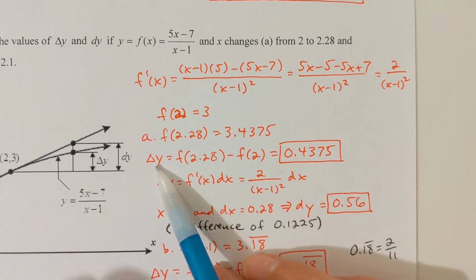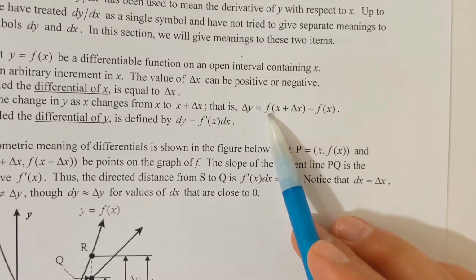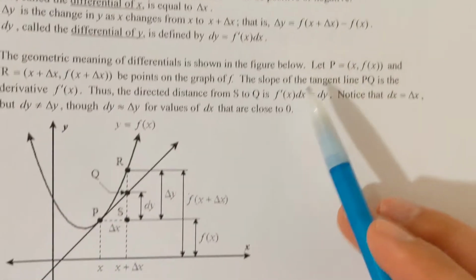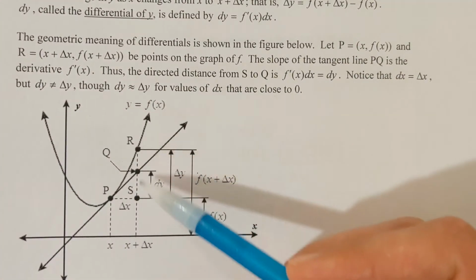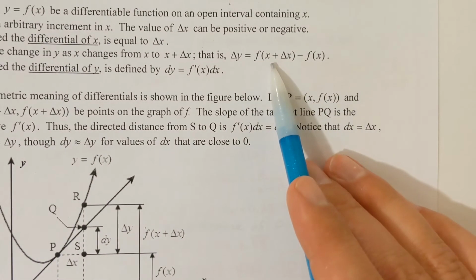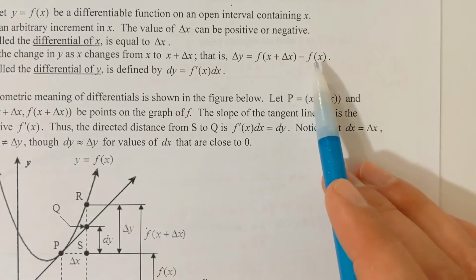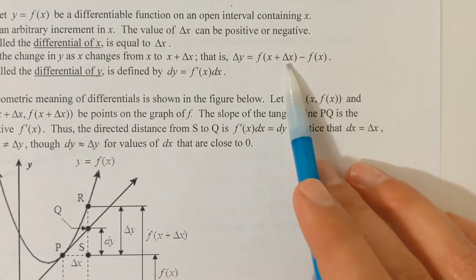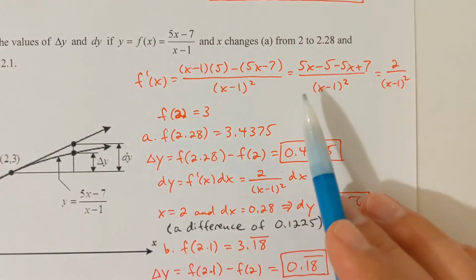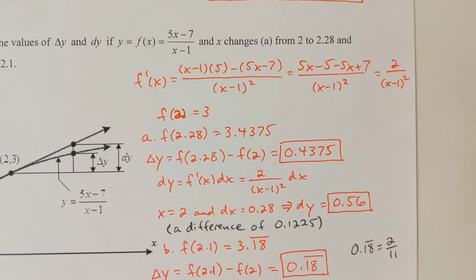Okay, now we want to find delta y. Delta y is the rise-fall distance on the curve. Okay, and we find that by computing f of x plus delta x minus f of x. Delta x and dx are the same thing, and for this part here, delta x would be 0.28.